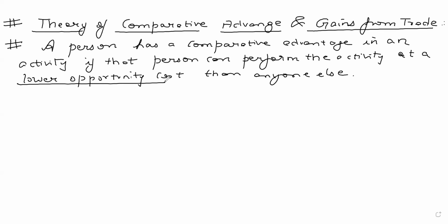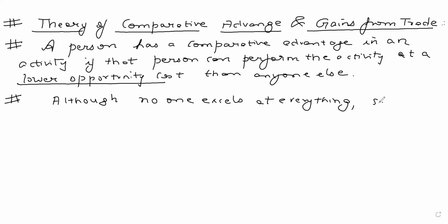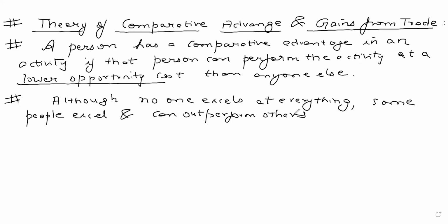Now when we talk about absolute advantage, we can write that although no one excels at everything, some people excel and can outperform others in a large number of activities.